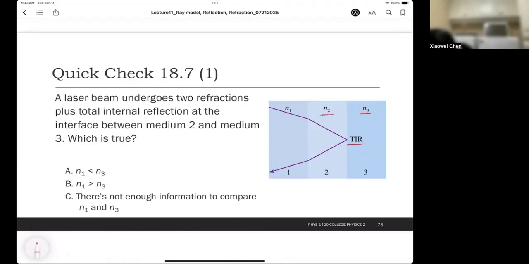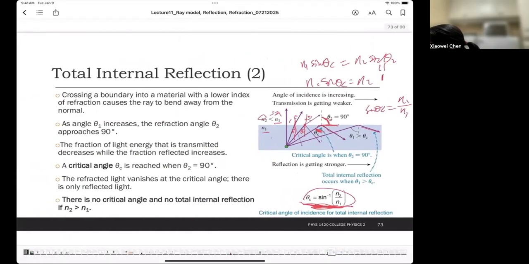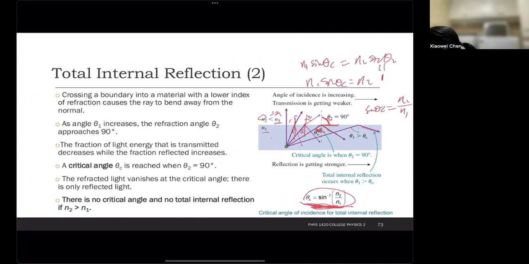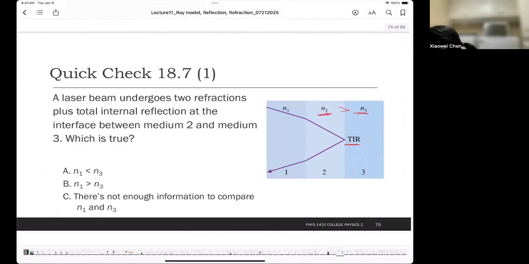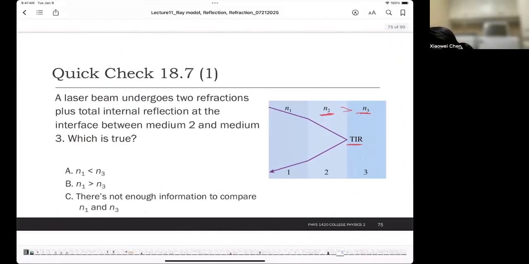That makes sense to you? Because you can see N1 is greater than N2, so the N2 should be greater than N3. Then the TIR happens. Am I right?